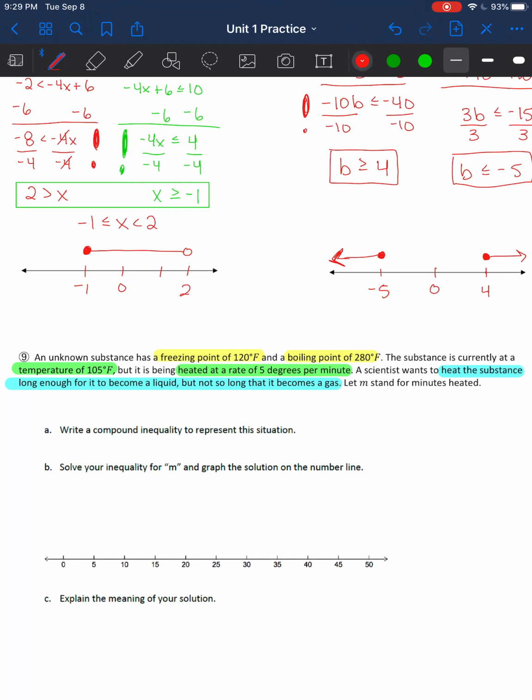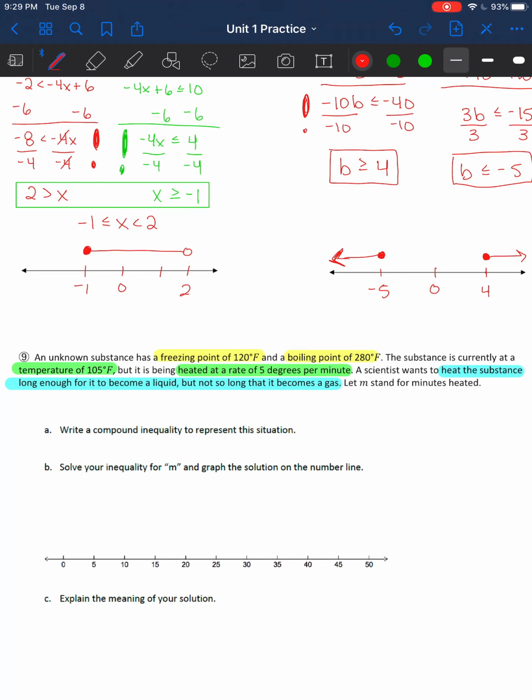So, I know that the scientist wants to heat the substance long enough for it to become a liquid, but not so much that it's a gas. So it has to be in between some temperatures, right?